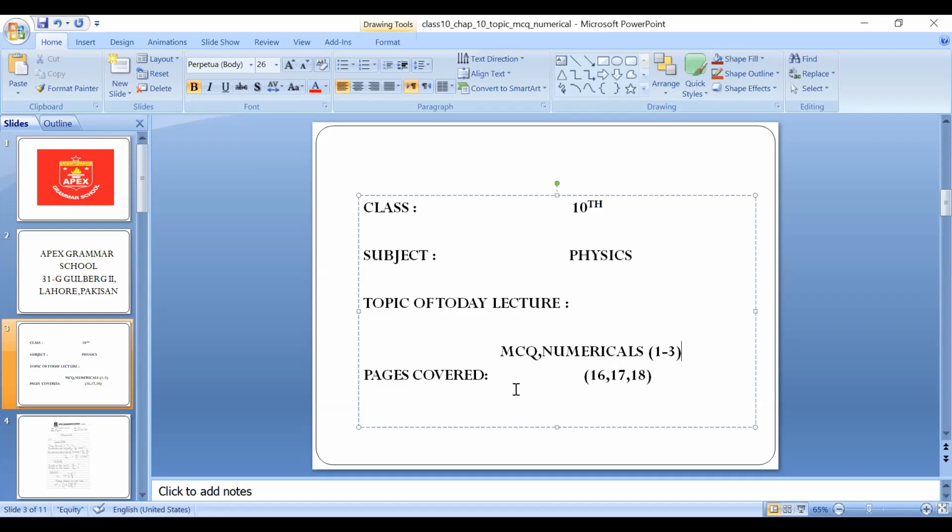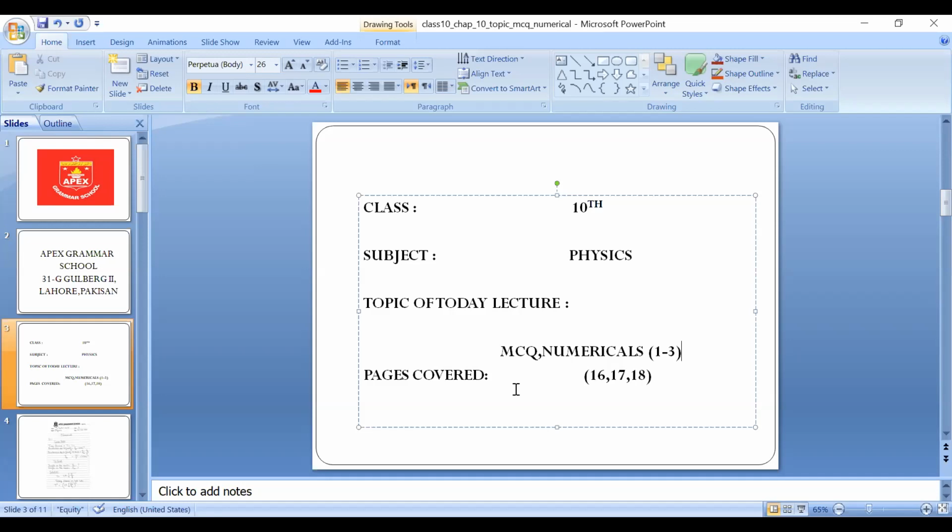Ninth, the last MCQ: the relation between V, f, and lambda of a wave is: A, V f equals lambda; B, f lambda equals V; C, V lambda equals f; and D, V equals lambda by f. In this ninth MCQ, the right choice is B, f lambda equals V.